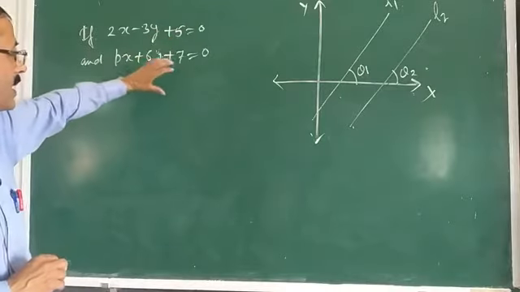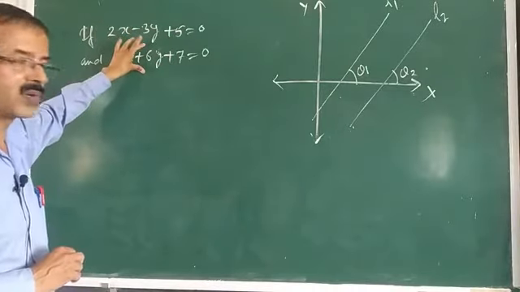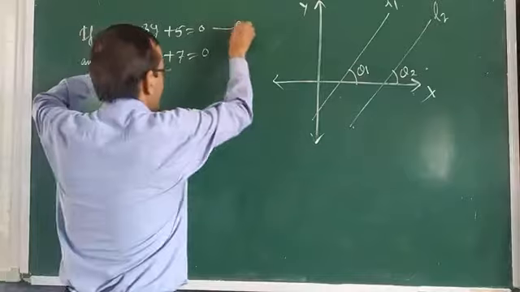So to find p, what will we do? We will find m1, the slope of the first line, and the slope of the second line.